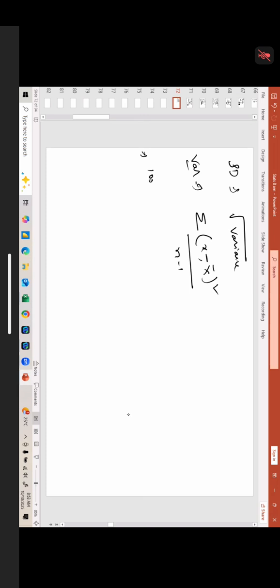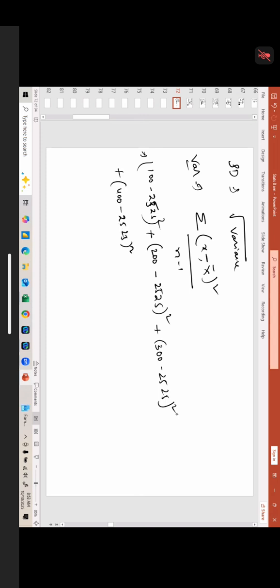It will look like 100 minus 2525 whole square divided by 7, plus 200 minus 2525 whole square, plus 400 minus 2525 whole square. Can someone calculate this quickly and tell me the answer?